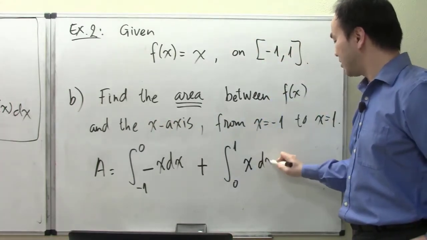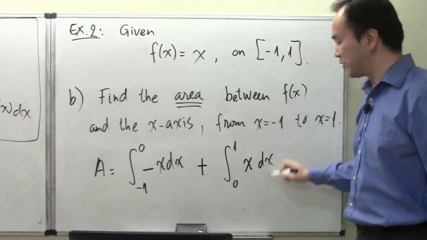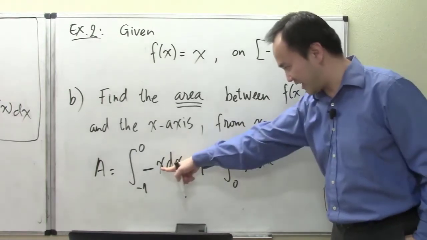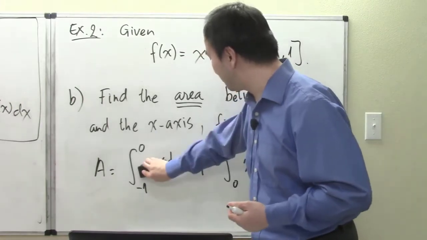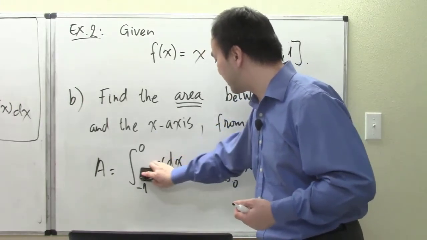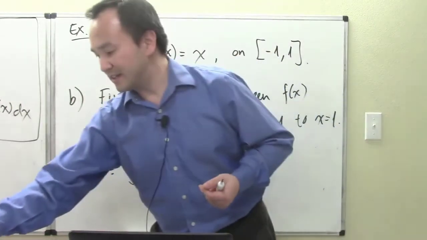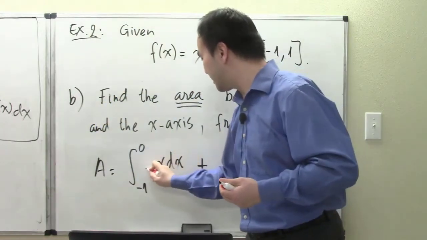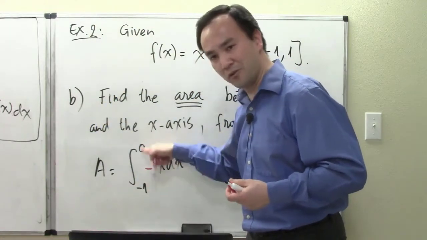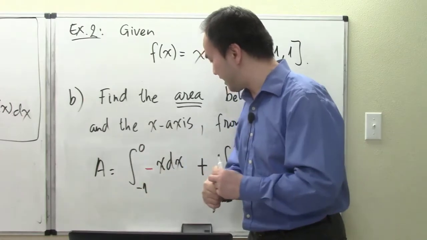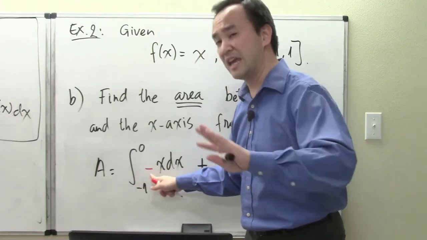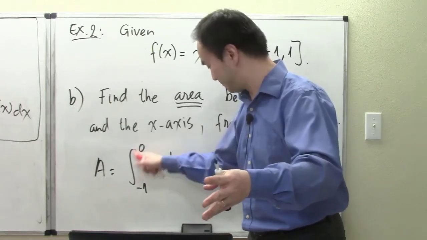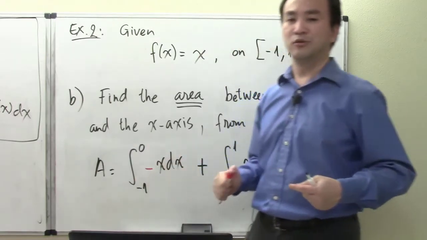So this second one, we already know for sure it's going to produce a positive area. The first one, we did the trick by putting a negative sign in there. I can also write that negative sign in red ink to remind people about the trick. Anytime we recognize that on an interval where we're taking the integral our function produces a negative result, and we want to find an area, we can always put the negative sign there.